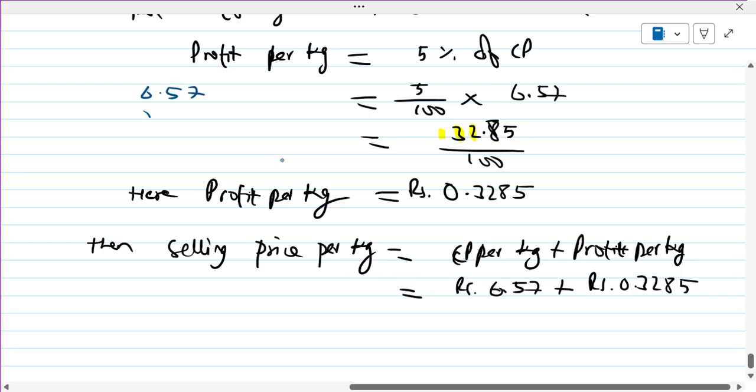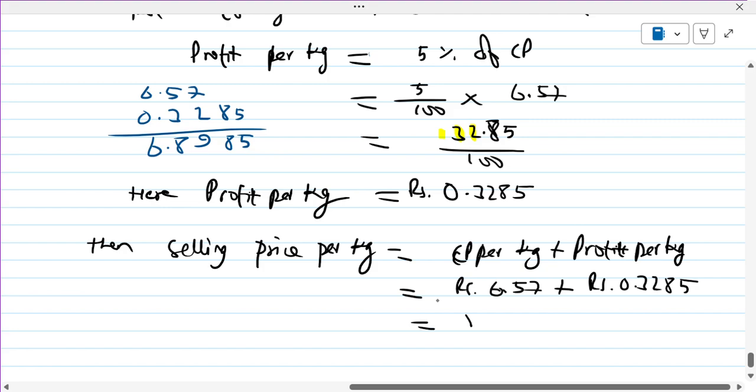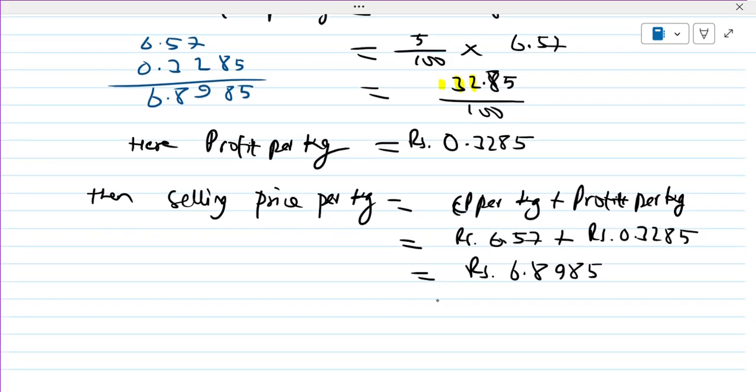6.57 and then 0.3285. So 5 7 8, 7 7 2, 9 5 3, 8 6 0 6. So we get rupees 6.8985. So let's round it up to 2 decimal places. So 5 added with 8 is 9, 9 added with 9 is 10.